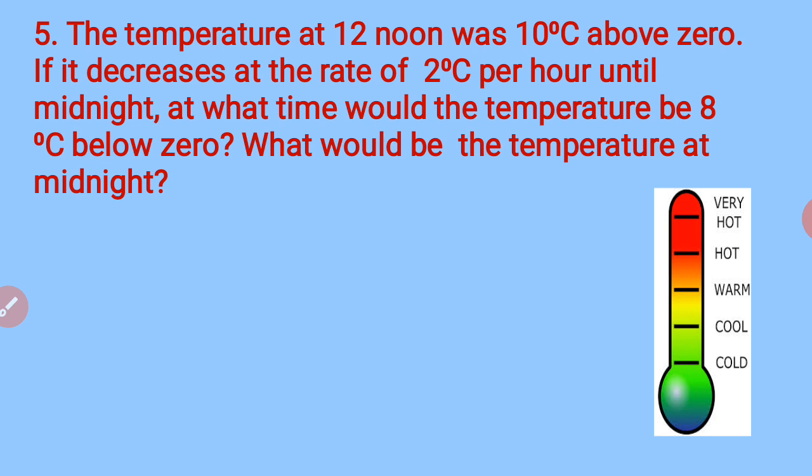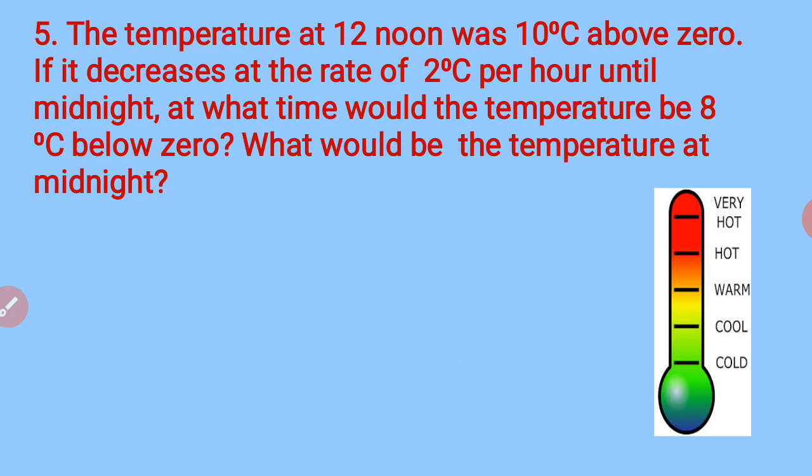The question now: if it decreases at the rate of 2 degrees Celsius per hour until midnight, obviously, as evening and night approach, the temperature will fall. That is happening here.